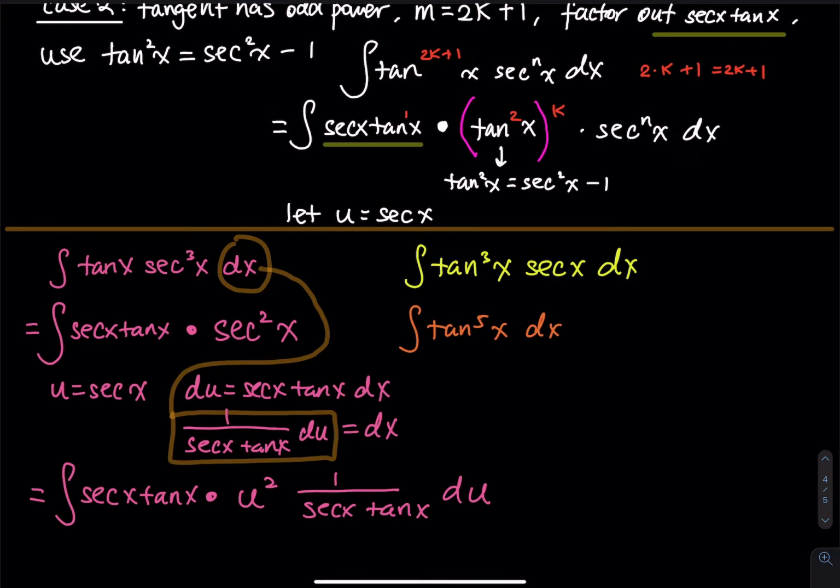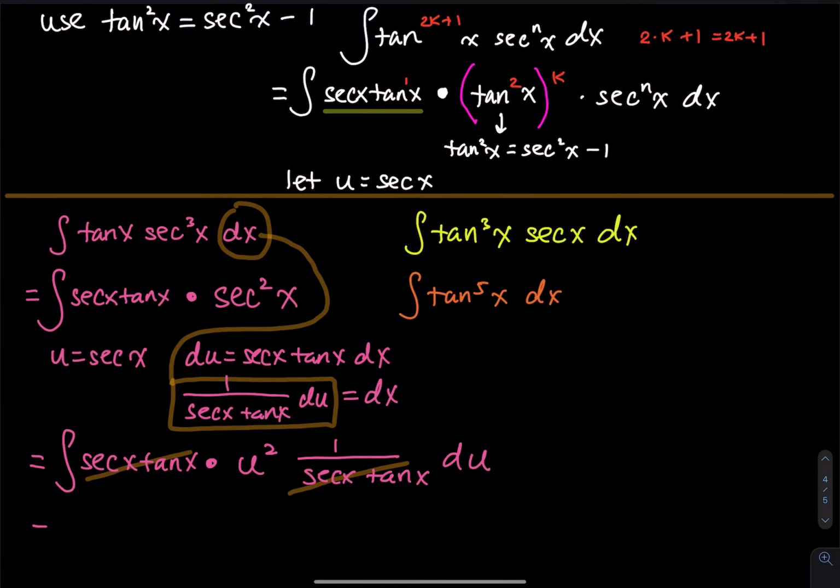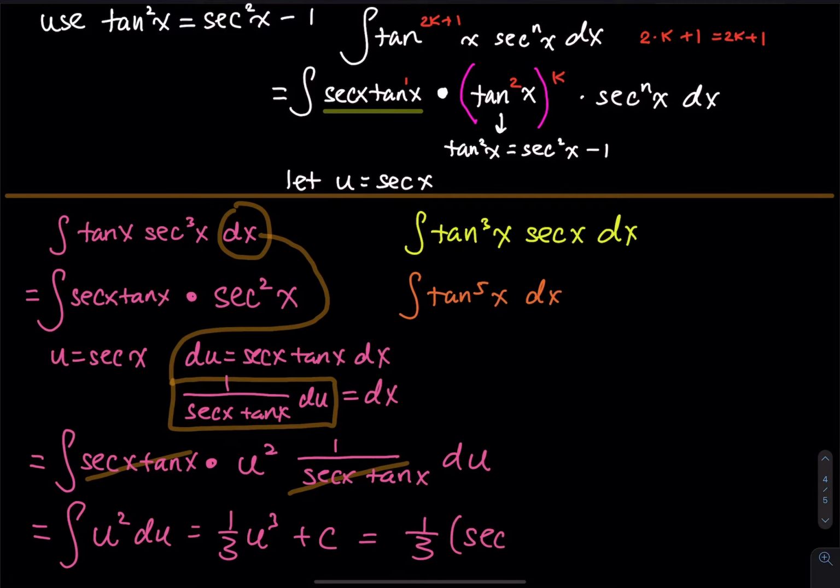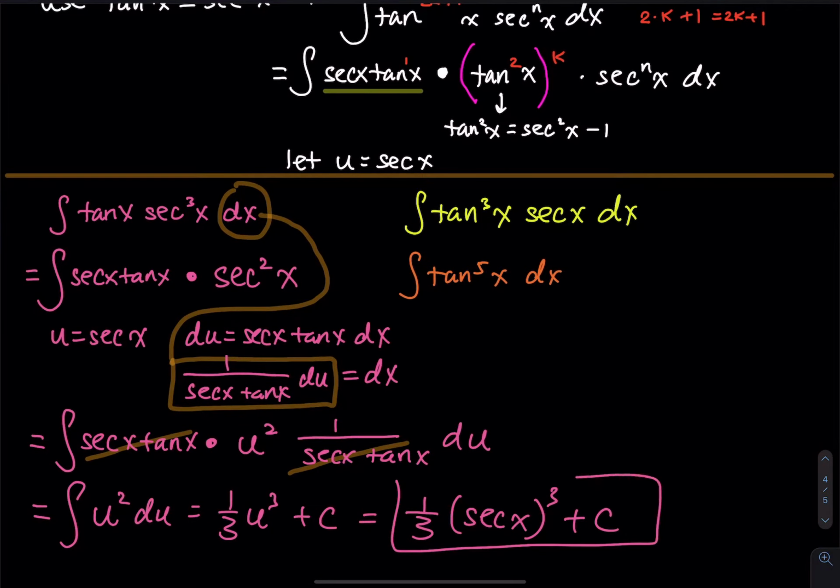We can get rid of the secant x times tangent x, and this is only a simple power rule. So we have the integral of u squared du, which is 1/3 u to the third plus c. Since u is secant x, you have 1/3 secant x to the third power plus c. So this is your final answer. Another way to write it is 1/3 secant to the third power x plus c. That is the end of the first integral.